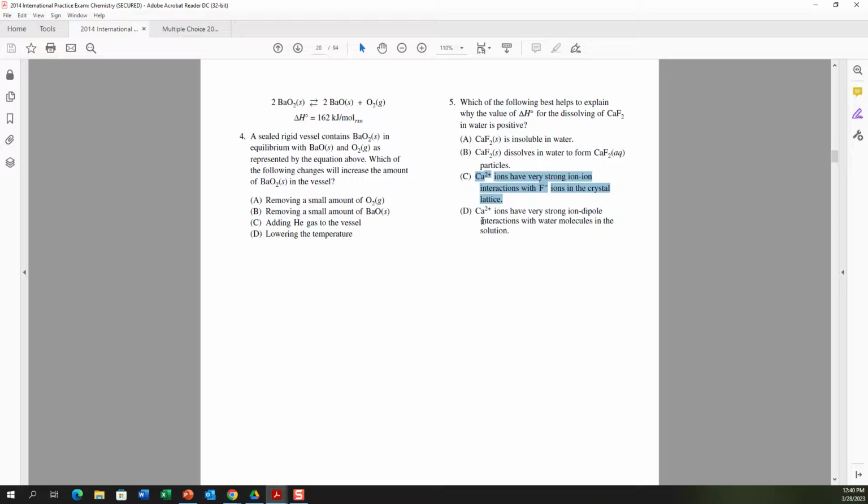Calcium ions have a strong ion-dipole. That might be true, but the stronger the ion dipoles that are formed, the more exothermic it is, because this is an attractive force that is formed in this process. So that's releasing energy. This is one of the attractive forces that are broken. So because this ion-ion interaction is really strong, it's going to require a lot of energy to separate those ions, which is leading to the fact that this is a positive delta H, an endothermic process.